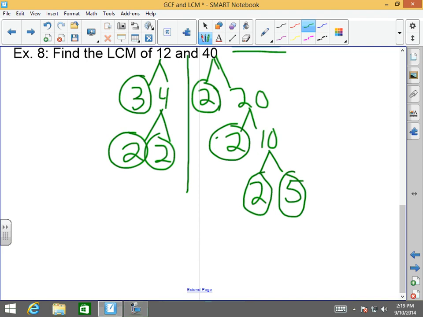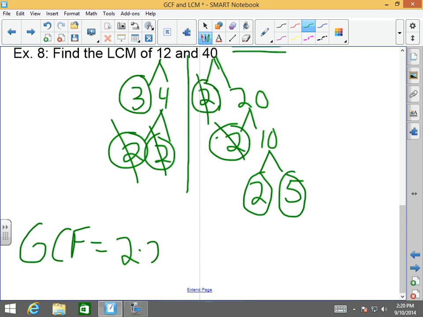In order to find the LCM, you first need to find the GCF. So my greatest common factor here, a 2 and a 2 comes out as a 2. Another 2 and another 2 come out as 2. So my GCF is 4.